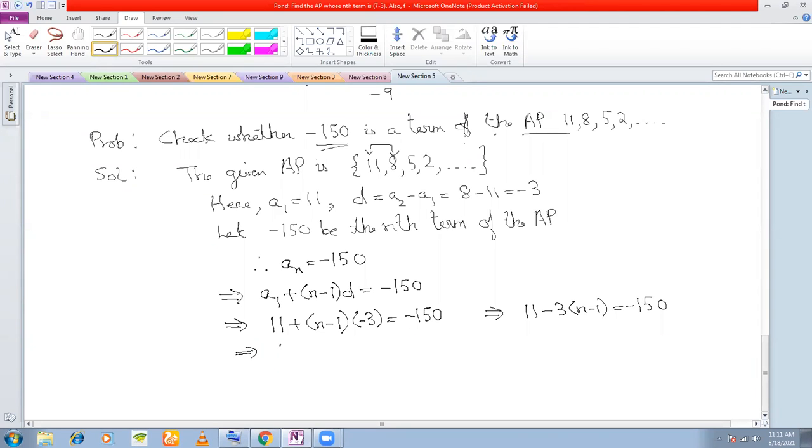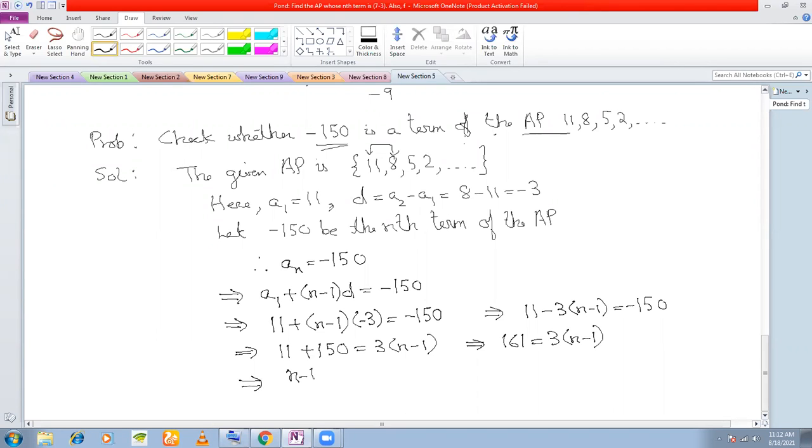That means you take 150 on the other side. 11 plus 150 is equal to 3 times n minus 1. Means you get 161 is equal to 3 times n minus 1. Is 161 divisible by 3?